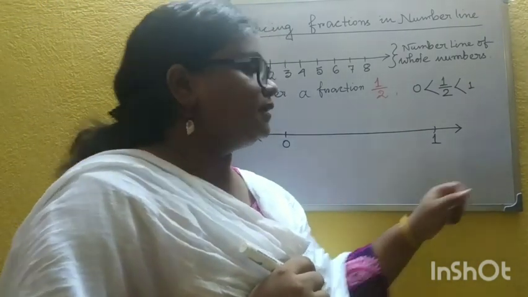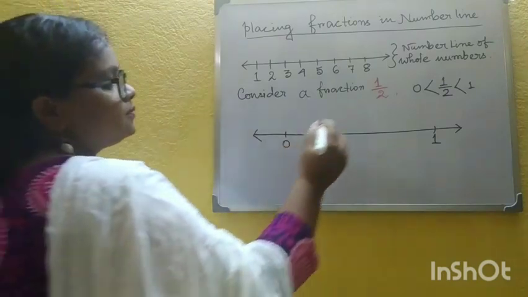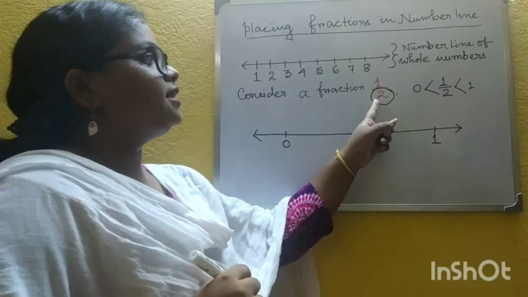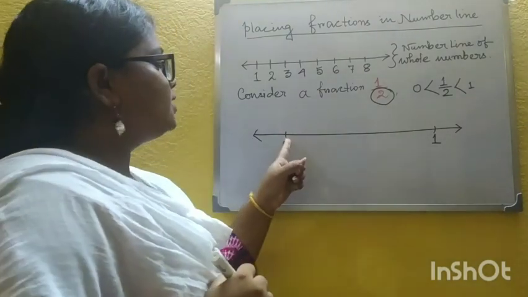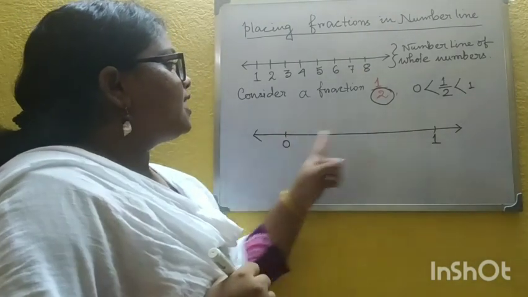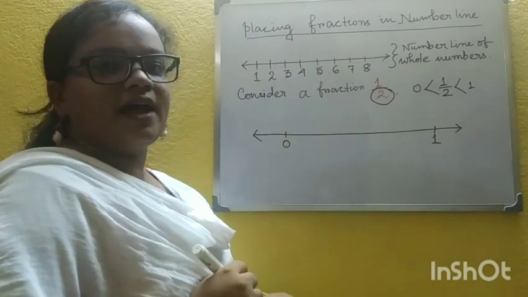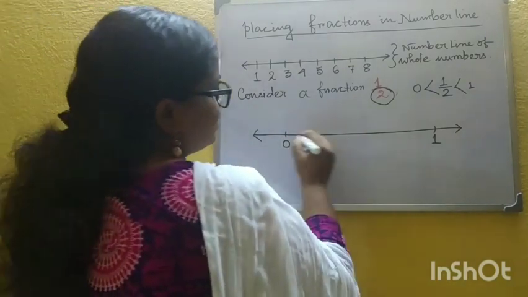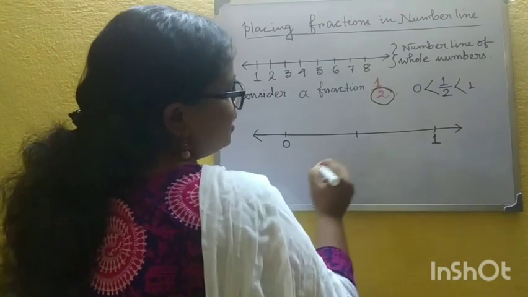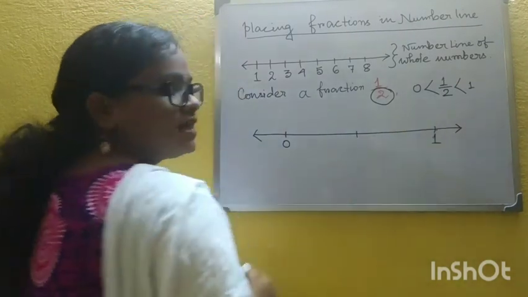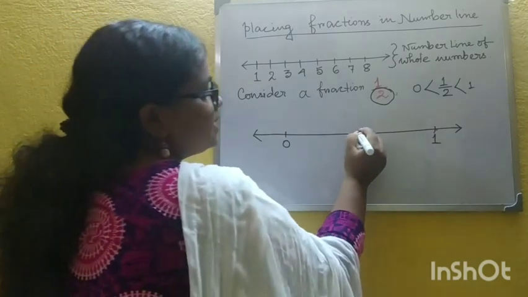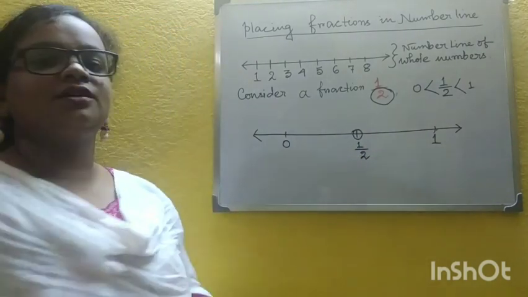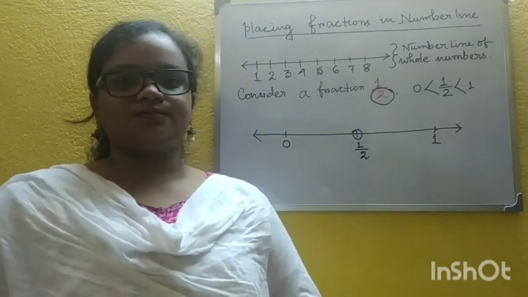Now, as the denominator in this fraction is 2, we will divide this distance between 0 and 1 into 2 equal parts. This is the first part and this is the second part. Now this point is the fraction 1/2.